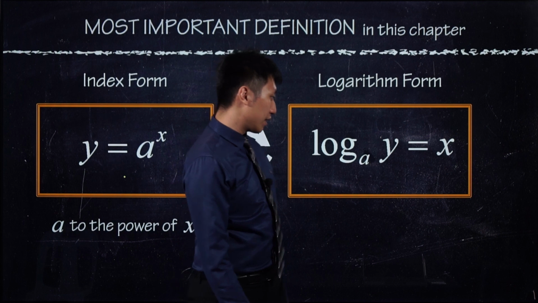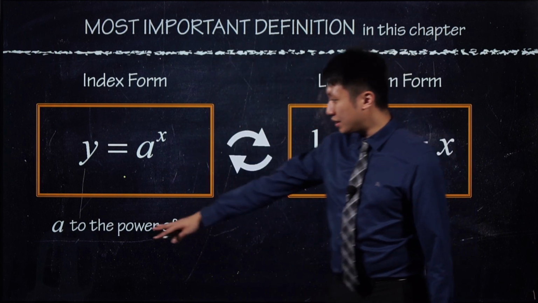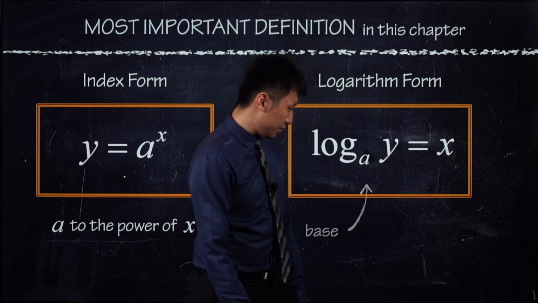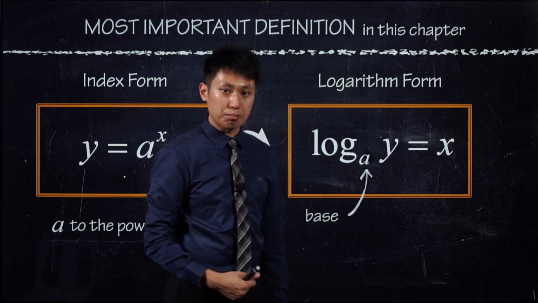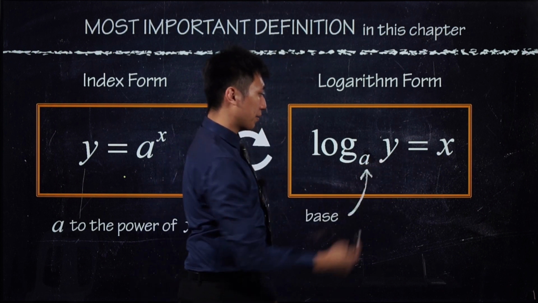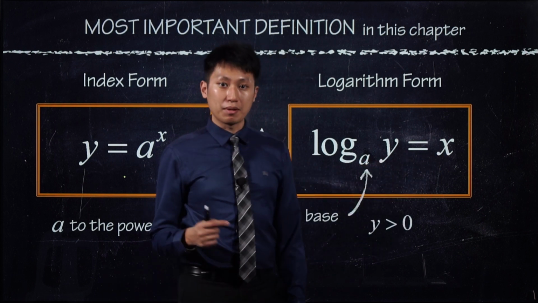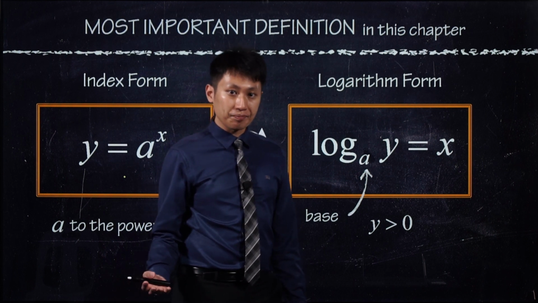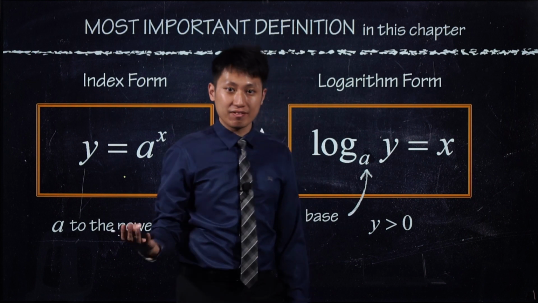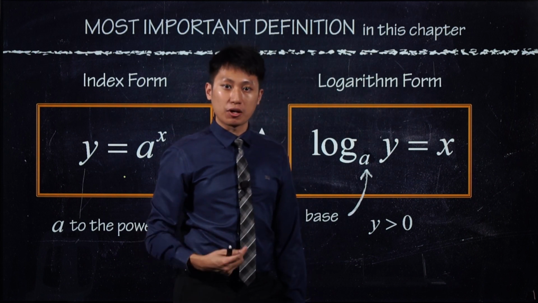So you read this as a to the power of x, and this a is called the base. Then this is your power, and it is equal to y. Y must always be greater than 0. You know why? Something to the power of even a negative number will still give you a positive number.